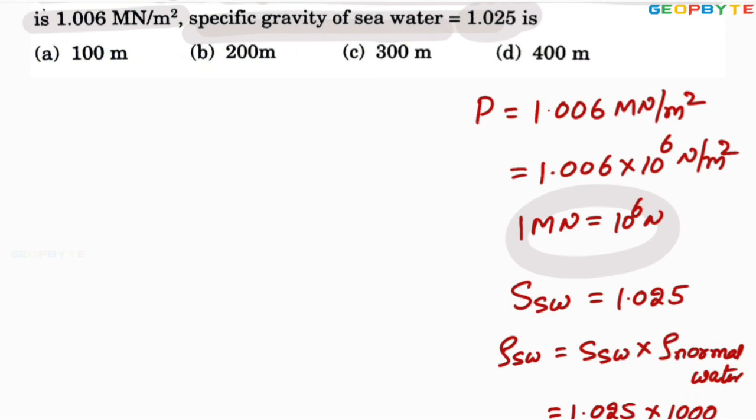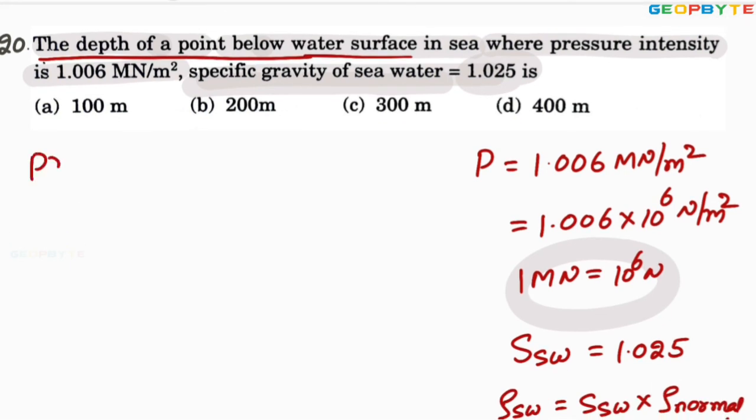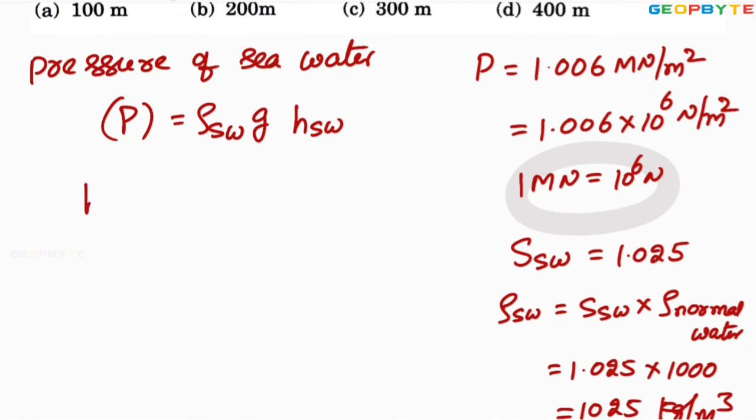Therefore, the pressure of the seawater is equal to, you are asked to find what? The depth or pressure head of the seawater. Pressure of seawater P equals the density of the seawater rho g into the pressure head of the seawater. Therefore, the pressure head of the seawater equals pressure divided by density of the seawater multiplied by g.